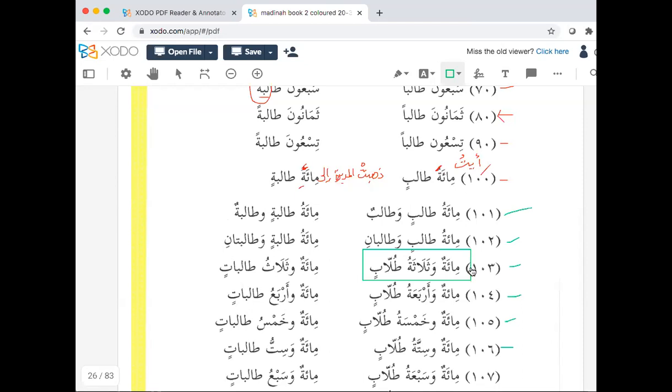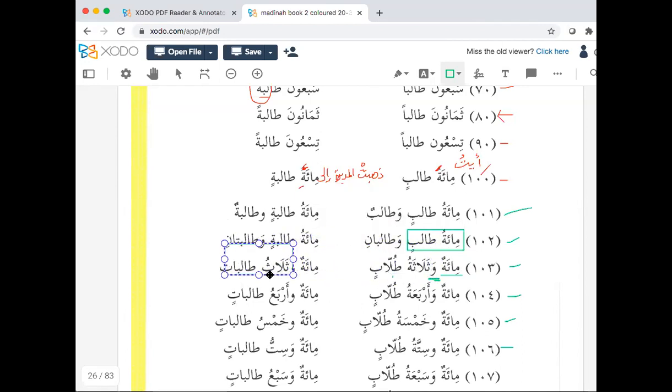So the مضاف والمضاف إليه now has switched. It's gone from the mi'ah, which used to be the مضاف والمضاف إليه, to the second part of the number. مئة, and then واو العطف comes in, and then مضاف مضاف إليه. مئة وثلاث طلاب. So this ثلاثة طلاب, what does it resemble?